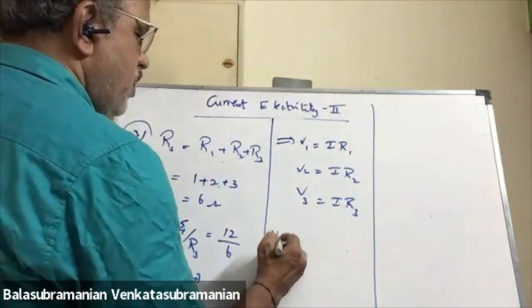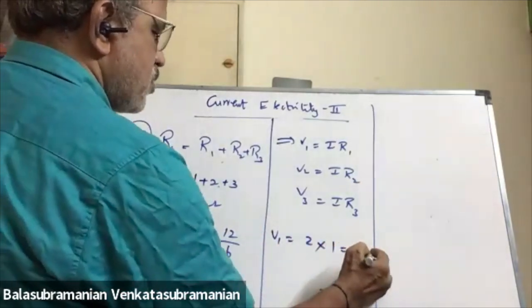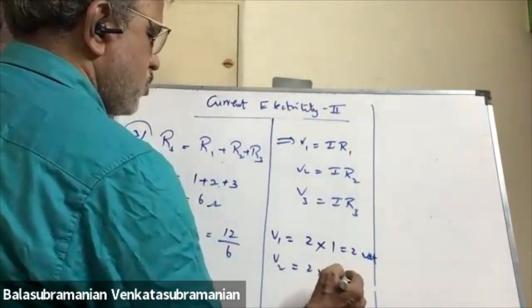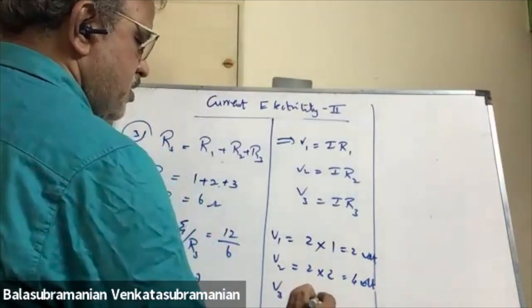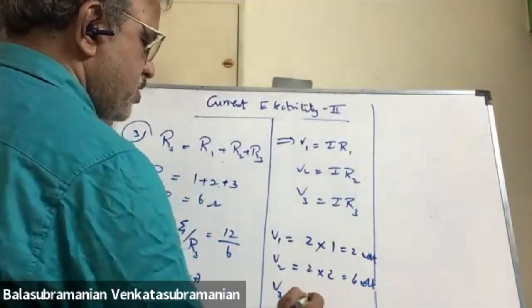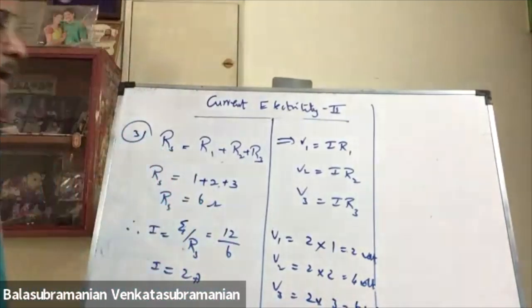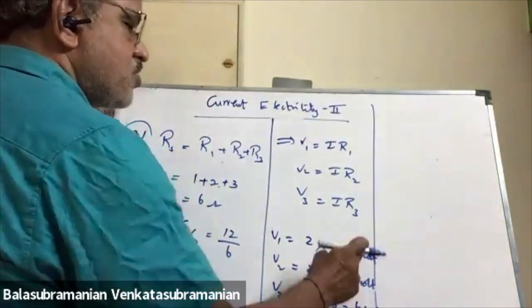So V1 is equal to 2 into R1, which is 1 ohm, so 2 volt. V2, 2 into 2, 4 volt. V3, 2 into 3, 6 volt. The total value is 12 volts.